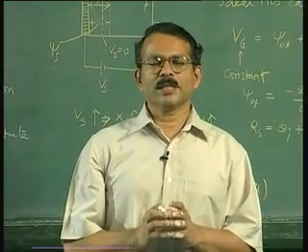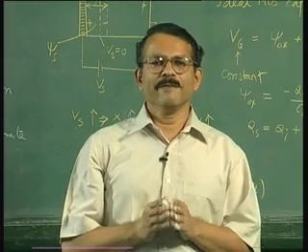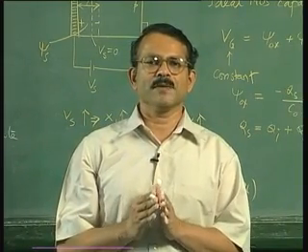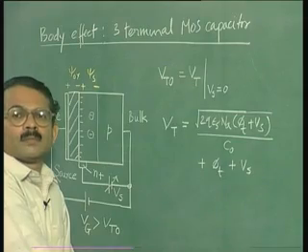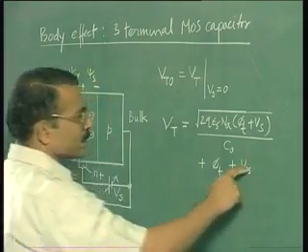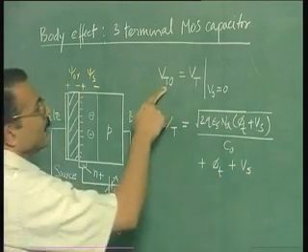So we can write this threshold voltage also in terms of Vt0 to clearly show the increase in threshold voltage as compared to the condition Vs equal to 0. So this is the Vt for an ideal MOS capacitor including body effect, and this is Vt0.